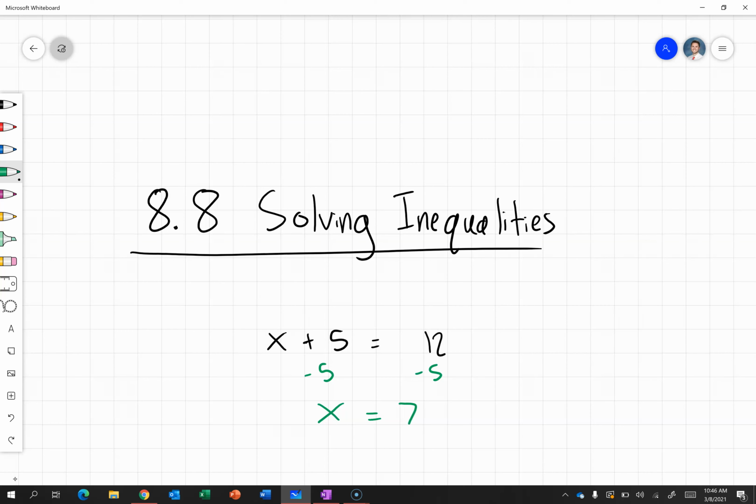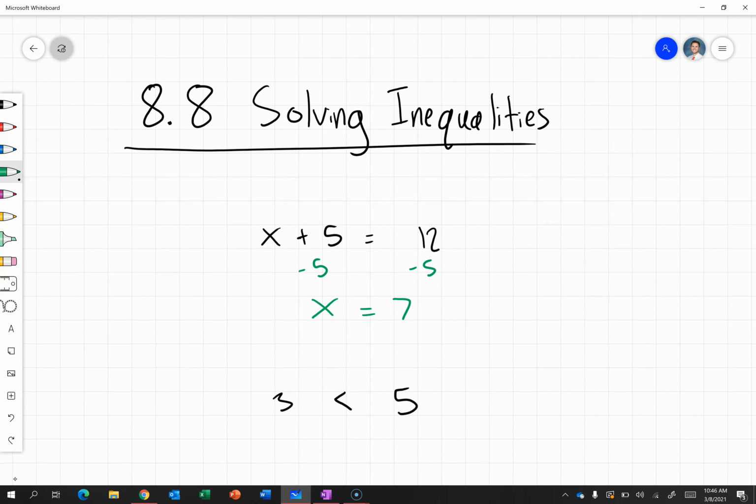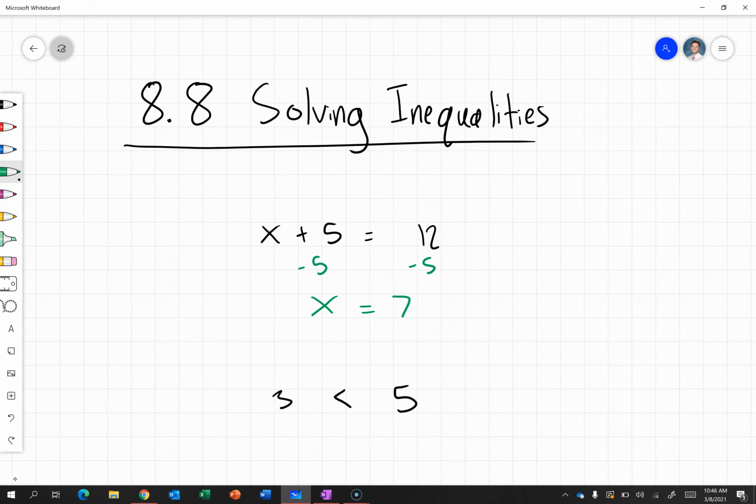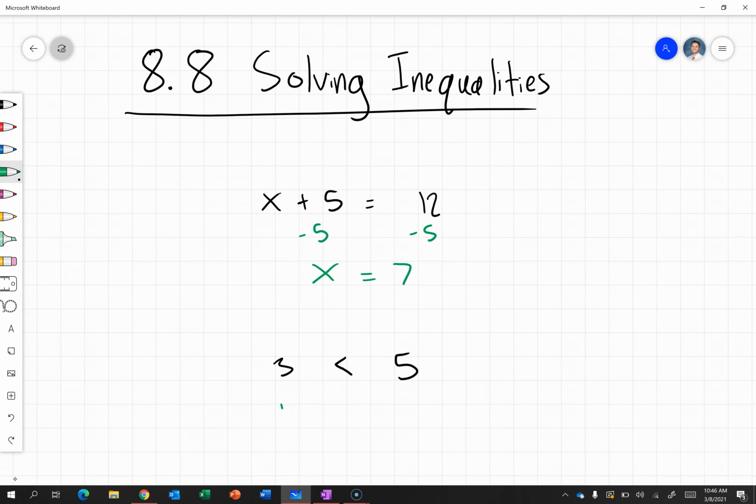So if we want to solve an inequality, we can do the exact same thing. Just to show that this does work, let's look at an example. So I have here 3 is less than 5. Hopefully you all agree that it is true that 3 is less than 5. Now, if I were to add the same number to both sides, if I add 2 to both sides, I get 5 is less than 7. And that's still true.